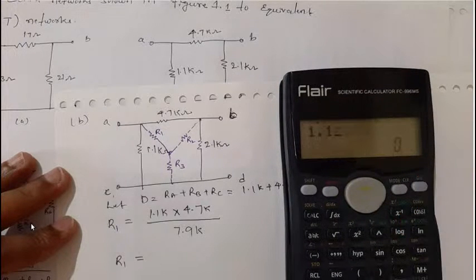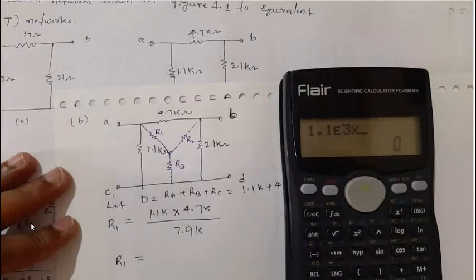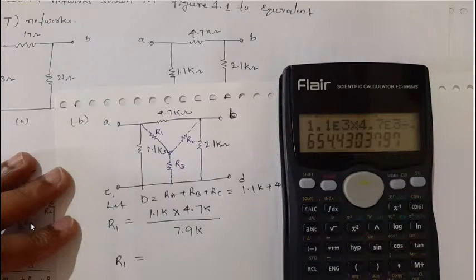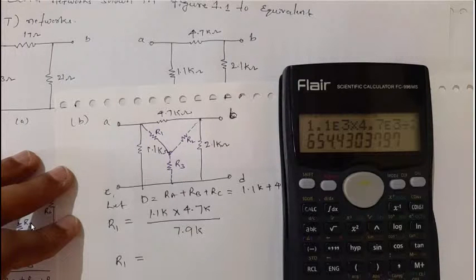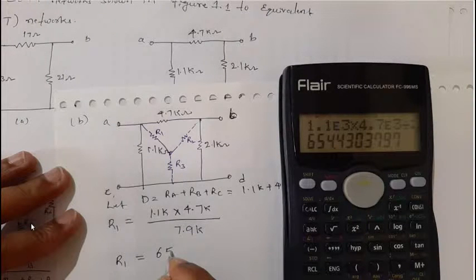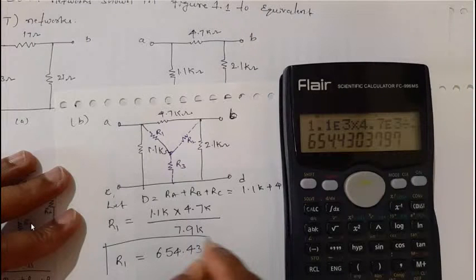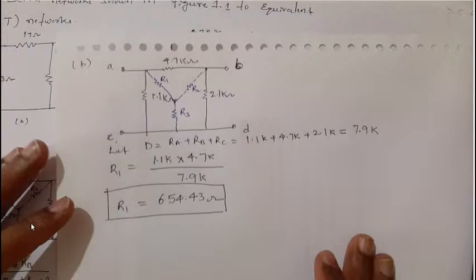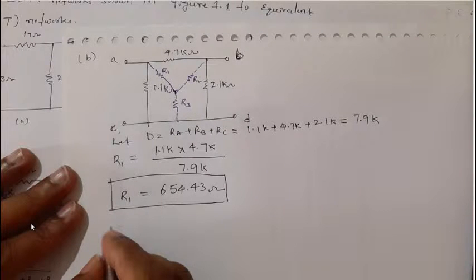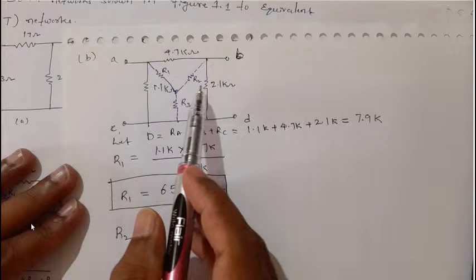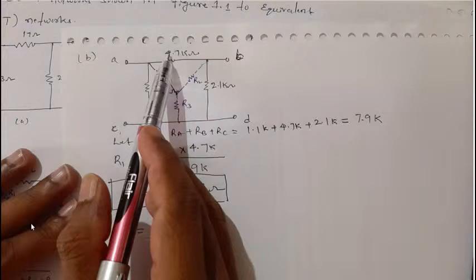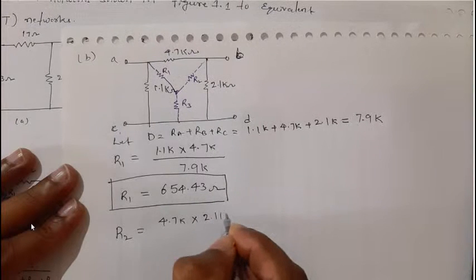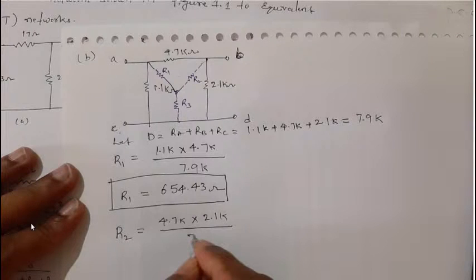R1 is equal to 1.1k into 4.7k divided by 7.9k, which is 654.43 ohm, the value of R1. Similarly, I will find R2. R2 is equal to the two nearest resistances, 4.7k and 2.1k, into each other, divided by D, which is 7.9k.